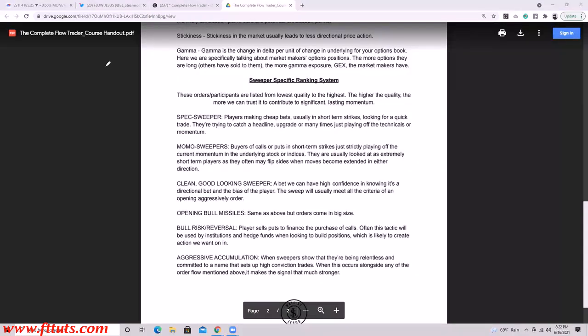But when you see that player or fund keep coming back for more and more and adding, when it looks its worst, that only means one thing, and that means somebody who knows a lot more than you and I is building a position in the name. Can they be wrong? Of course they could be wrong. Everybody could be wrong.